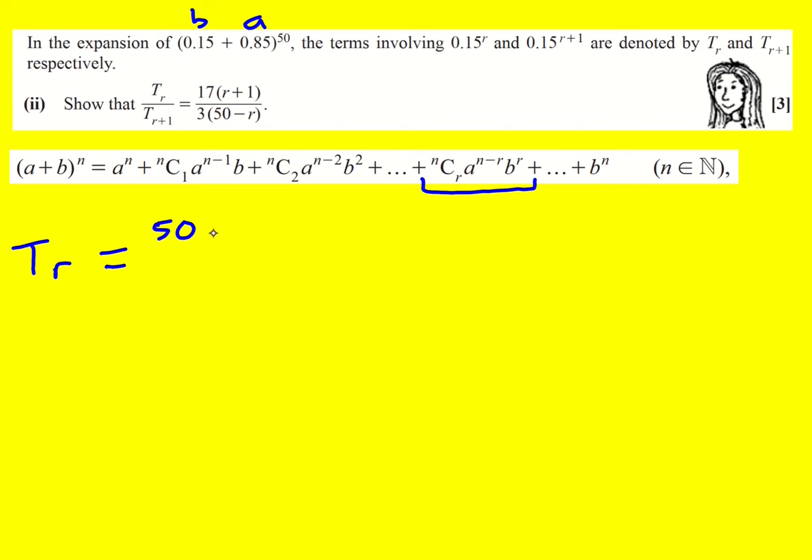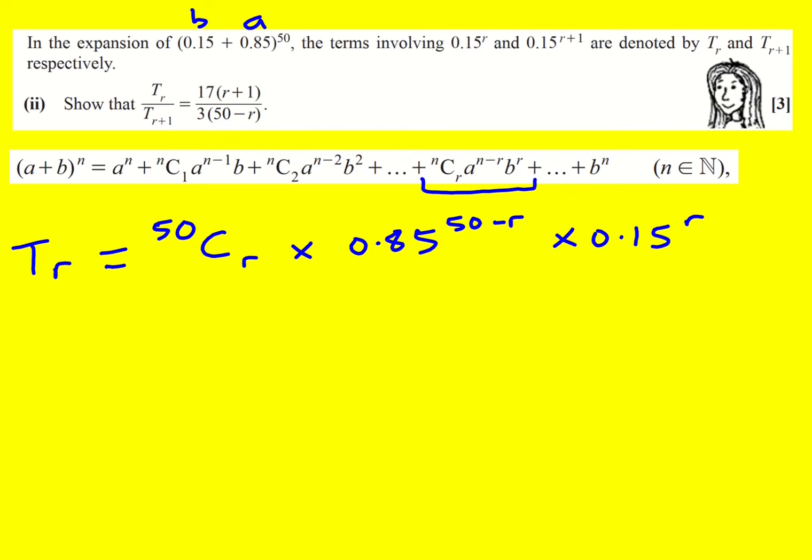So it's going to be 50 choose R. Yes, I'm working out the term in B to the R, which is 0.15 to the R. So it's going to be 50 choose R times 0.85 to the 50 minus R times 0.15 to the R.